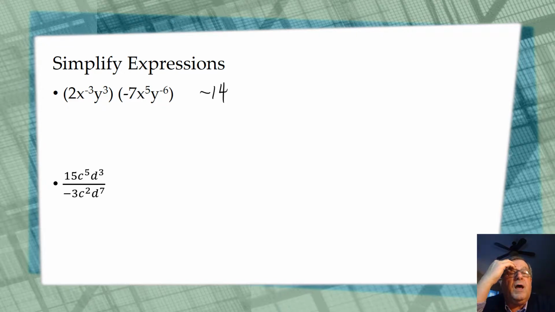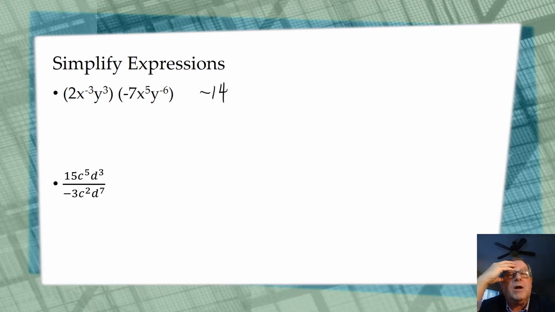All right, and then we've got x raised to the power of negative 3 times x to the 5th. This gets us to the product of powers. If we've got a variable raised to different powers, and we're multiplying those, which we would in this case, then we simply add the powers.